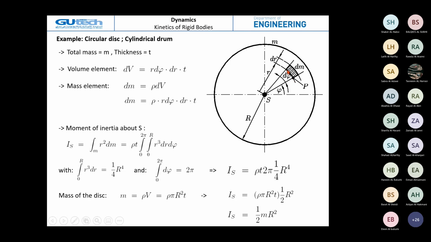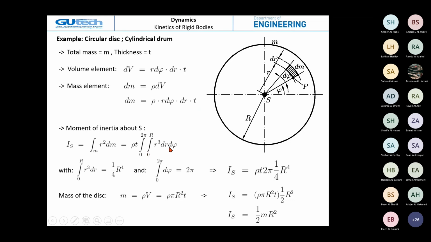And ds will be only r dphi, as it's very small: the tangent of dphi will be only dphi. Now, for the moment of inertia about S, we use the same equation, by definition r squared dm, and we replace dm by rho dV, and dV is r dphi dr multiplied by the thickness t.